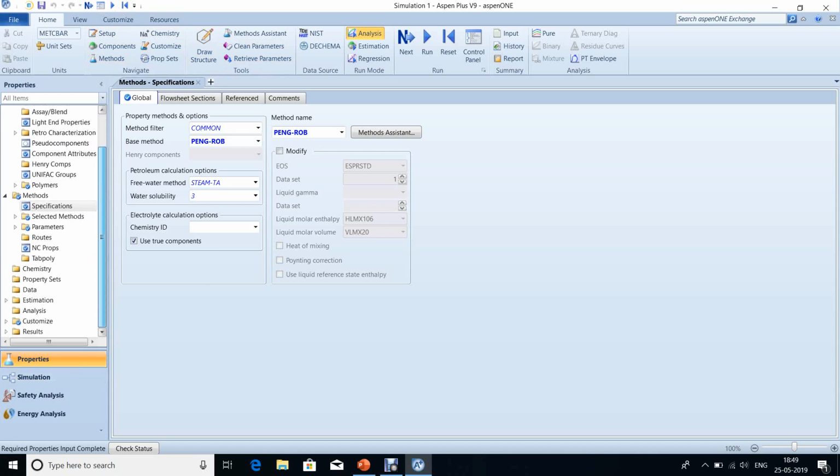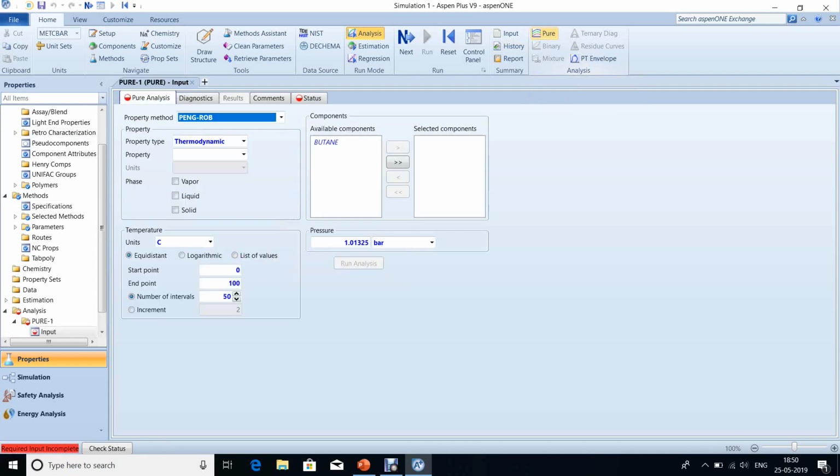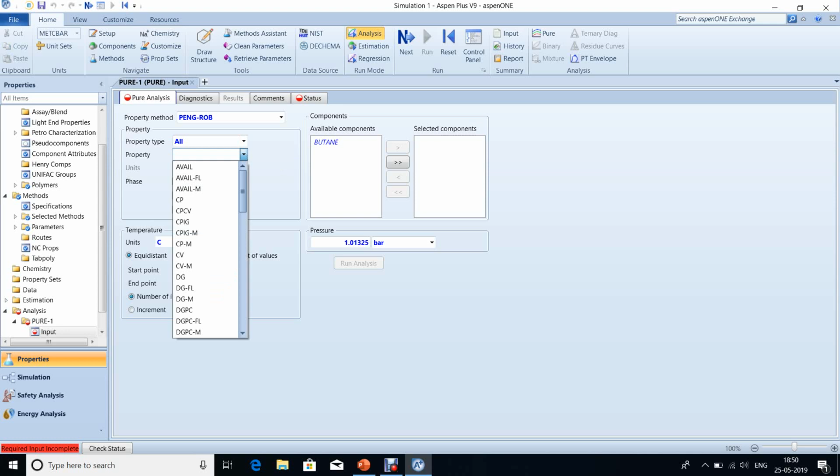Now once we have added this, if you see on the right hand side, there is a tab of pure which is getting activated now. Before adding the component, it was not activated. Now I can simply click here, and a whole plethora of properties are here. Instead of thermodynamic and transport properties, I will click all, because in all I will get rho as well as Cp and everything, and viscosity.